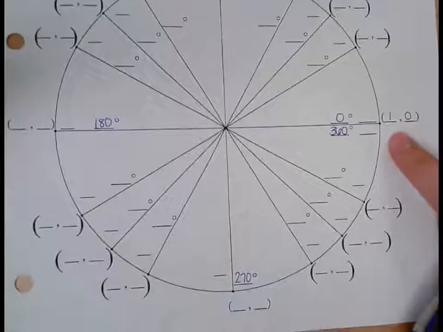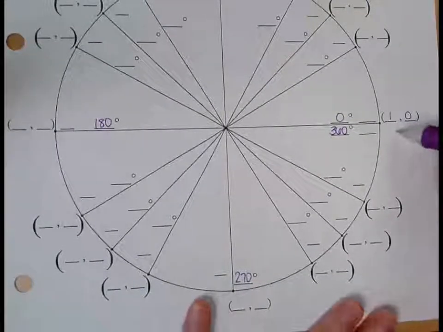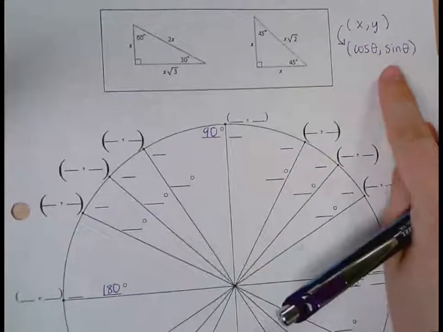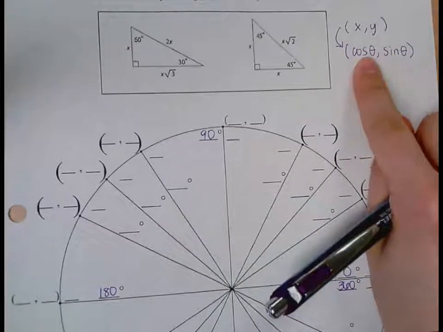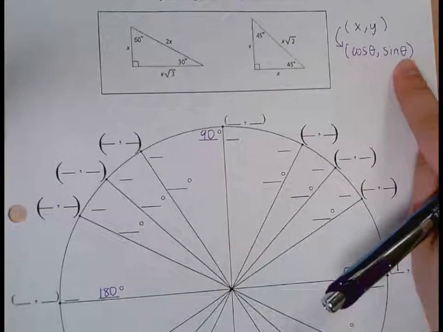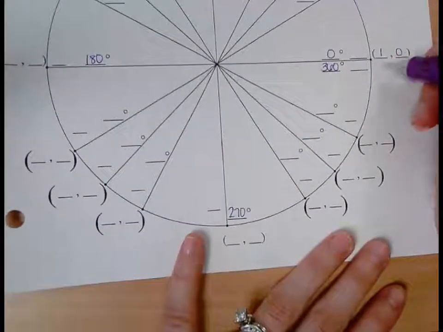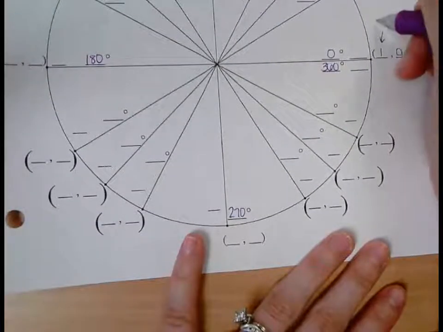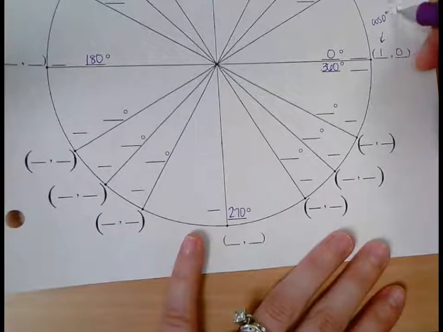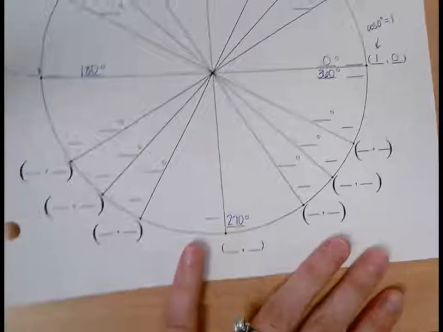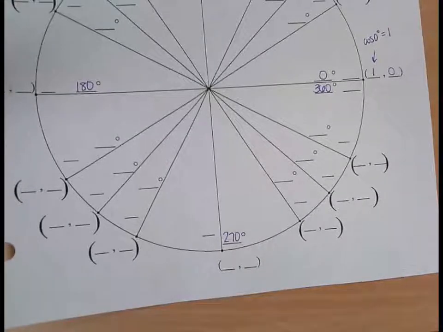What this means, though, is that, again, going back to this notion here, the x coordinate is cosine of the angle, the y coordinate is sine of the angle. That means cosine of 0 degrees is equal to 1. If you typed in cosine of 0 into your calculator, you would get 1.